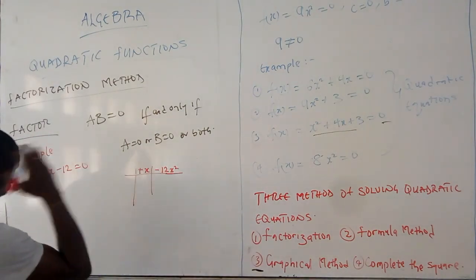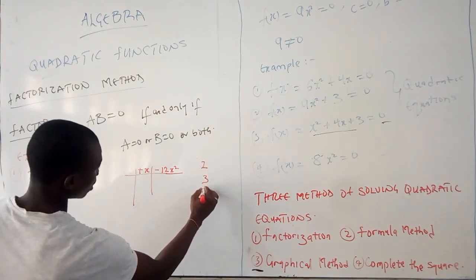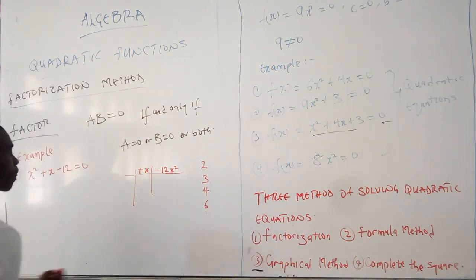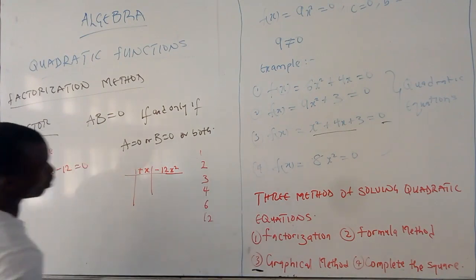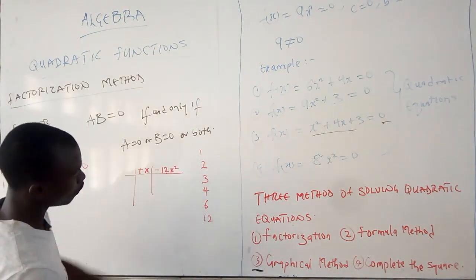Factors of 12 are 2, 3, 4, 6, and 12 itself. Then we include 1. There have to be an even number of factors.